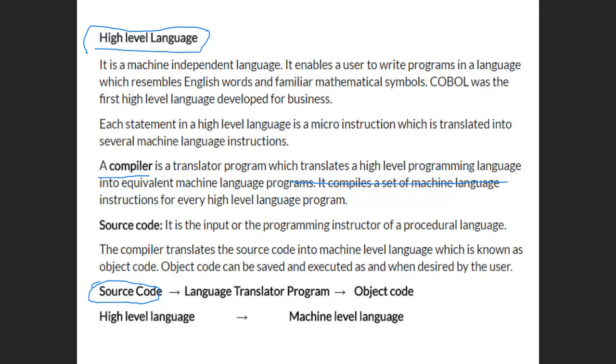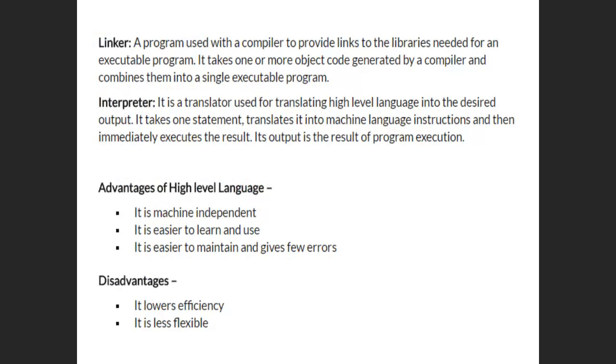The translator converts it to the object code or binary code. For the high level language, it is called the compiler, and for the low level assembly language, it is called the assembler. Okay, is it clear?